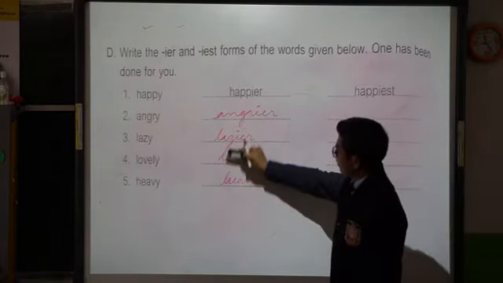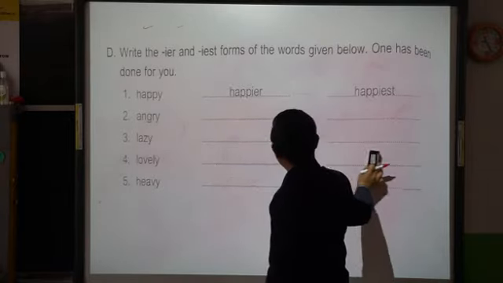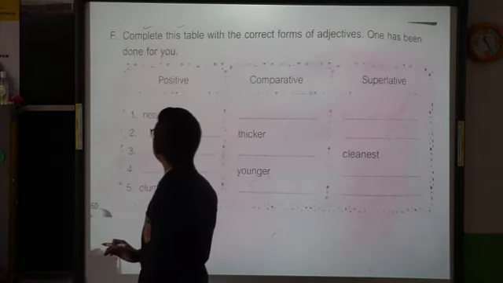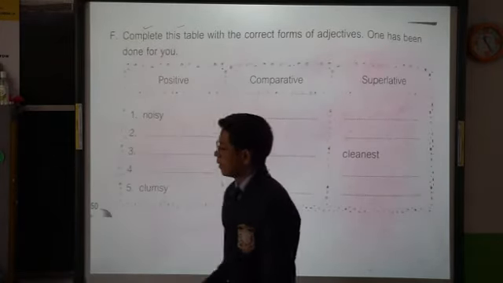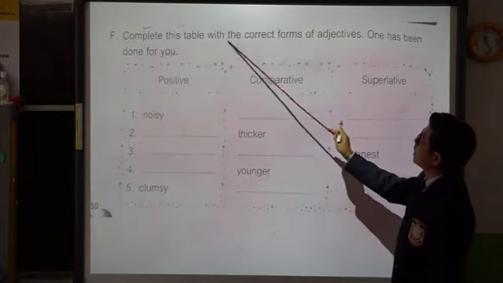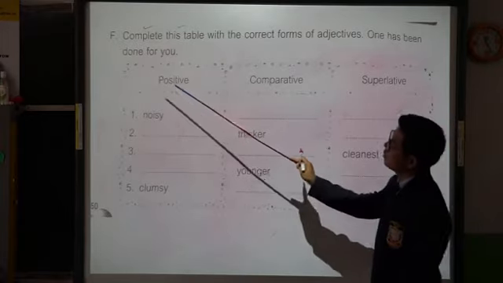So let us move on to the next. From the book itself, let's see. Okay. Now, here the question is asking, complete this table with the correct forms of adjectives. One has been done for you.